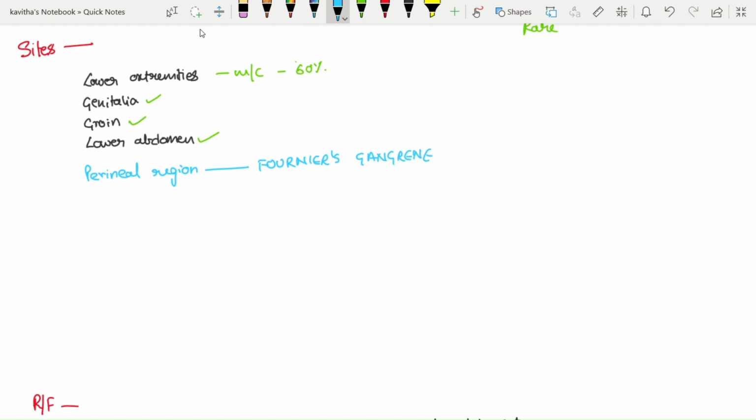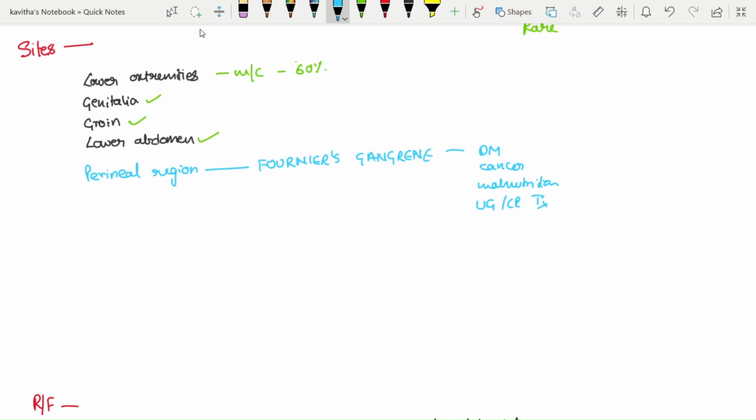It is seen in patients with diabetes, cancer, malnutrition, and any recent urogenital or colorectal instrumentation or trauma. It progresses from the genitalia to the perineum and to the abdominal wall very rapidly. So it is a surgical emergency.